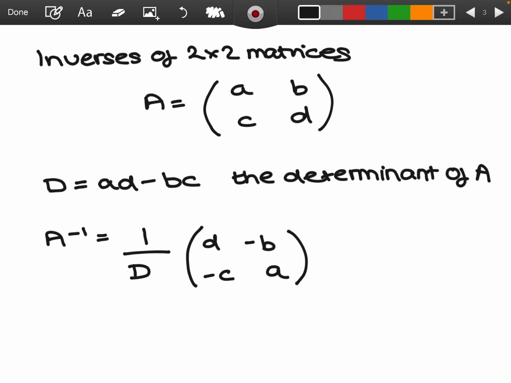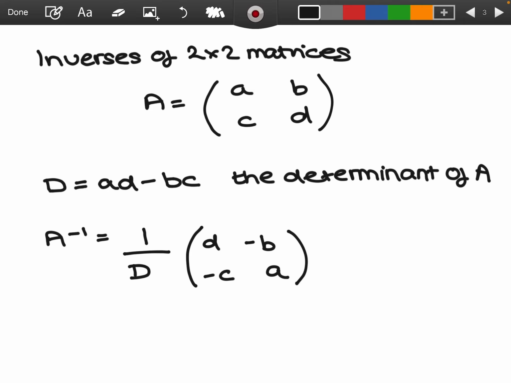So let's look at what we've done here. A is this 2 by 2 matrix with values a, b, c, and d in my entries. I've defined the determinant of a matrix as a times d minus b times c. Then to find A inverse, I do 1 divided by that value, whatever ad and bc are.